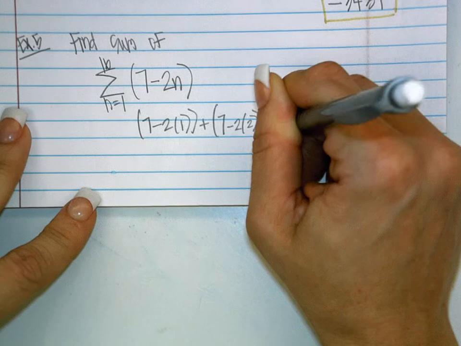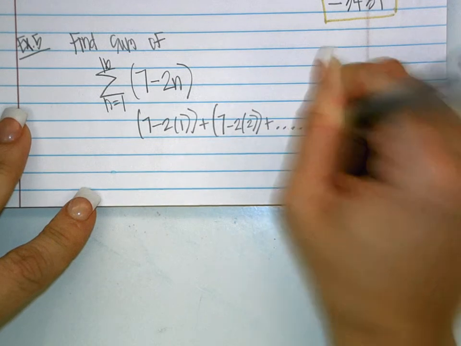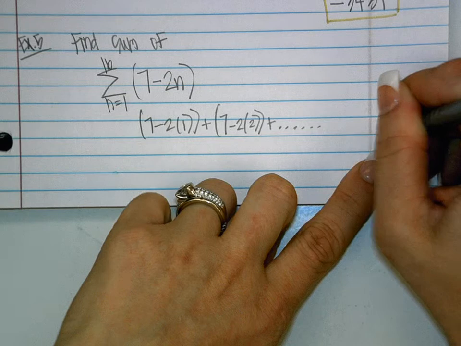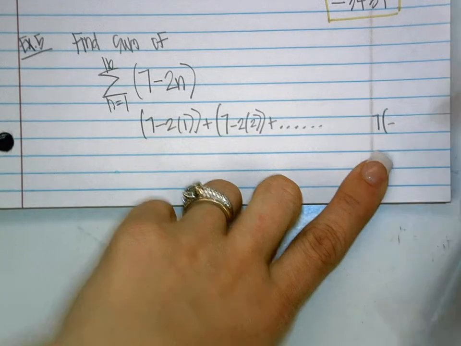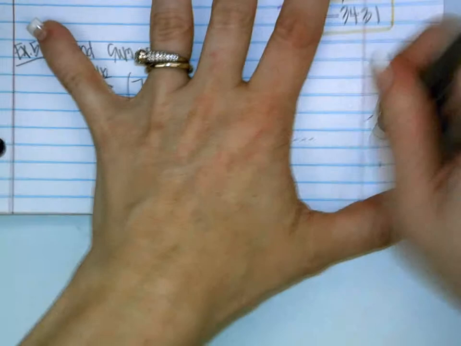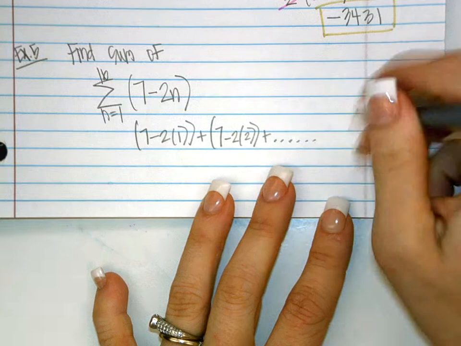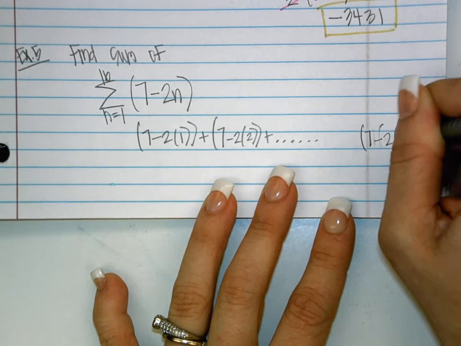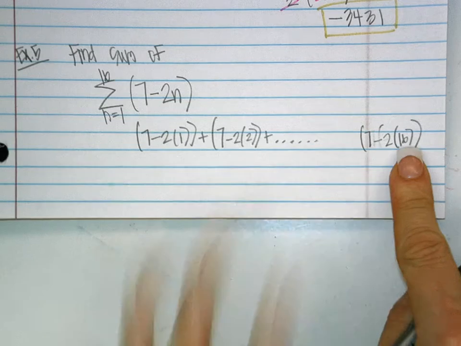All the way up until you got 7 minus 2 times 16. Would you agree? Because that's the last number you're going to plug in.